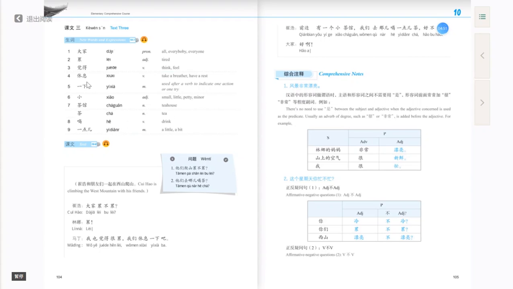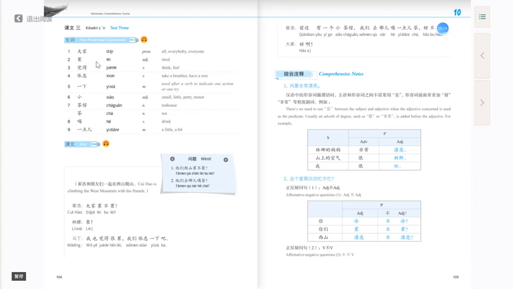Okay, let's read together again. 大家, 累, 觉得, 休息, 一下, 小, 茶馆, 茶, 喝, 一点儿. Okay, so let's confirm the meaning of each word or expression.